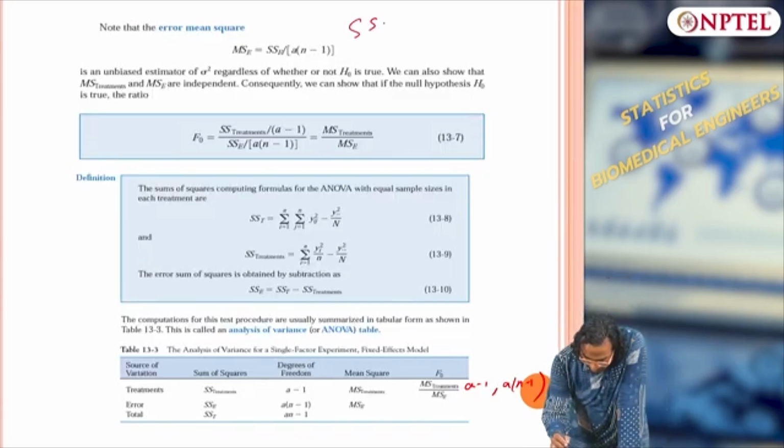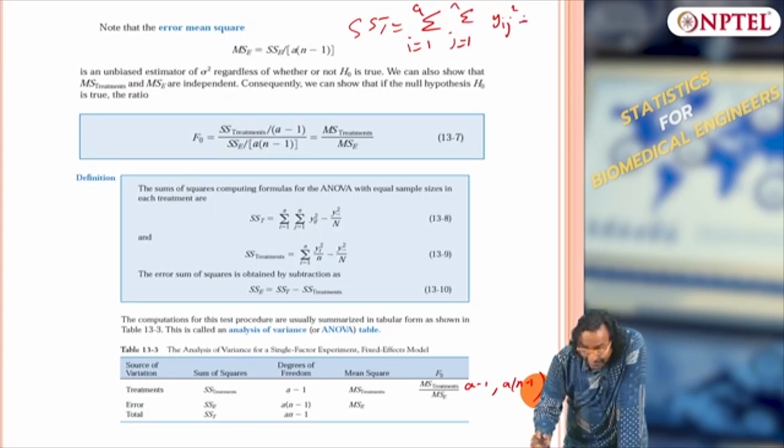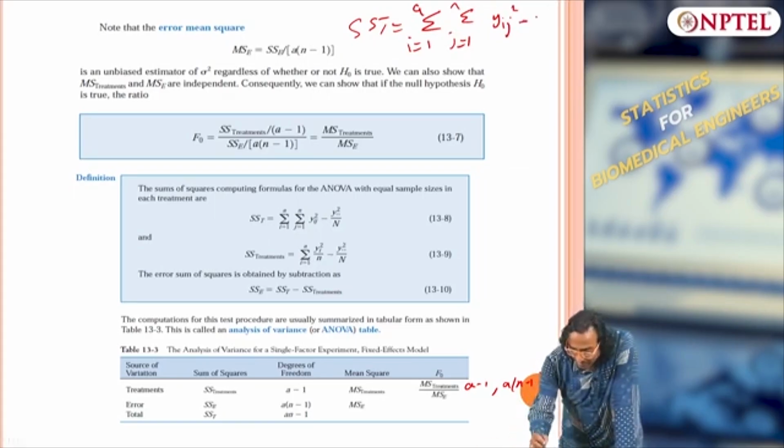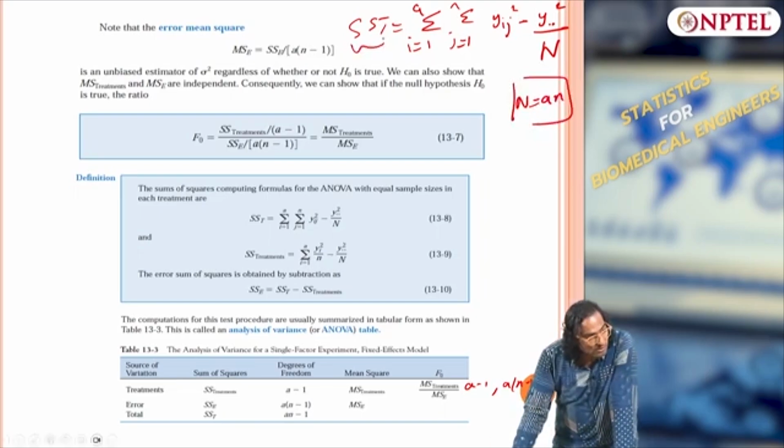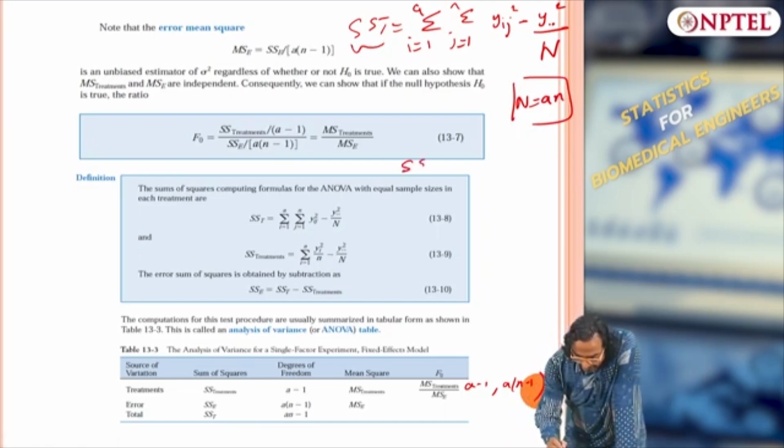Sum square total is the total variation minus the grand mean correction, where capital N equals small n times A. What is sum square treatment?